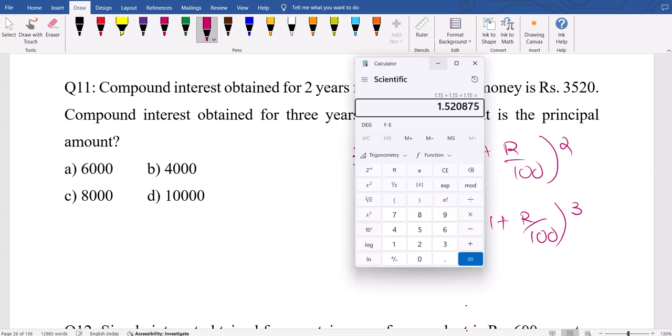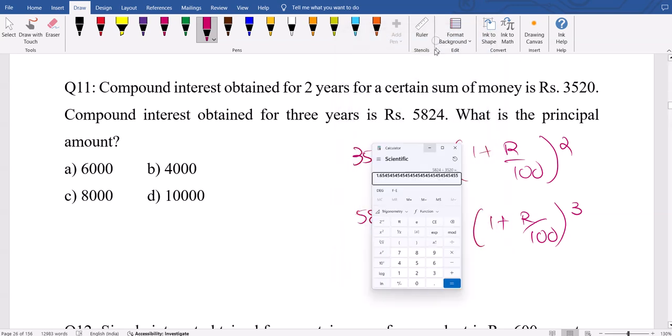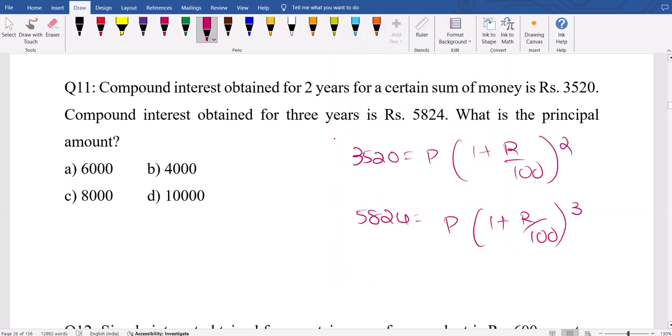So dividing these two, 5,824 divided by 3,520 gives 1.6545. This is for 2 years compound interest, sorry, interest, so this is minus P, and here also minus P. It's compound interest, not compound amount.